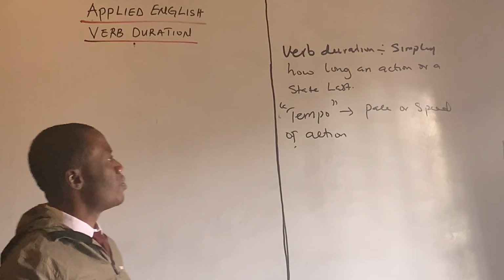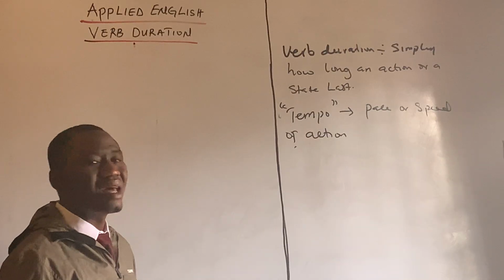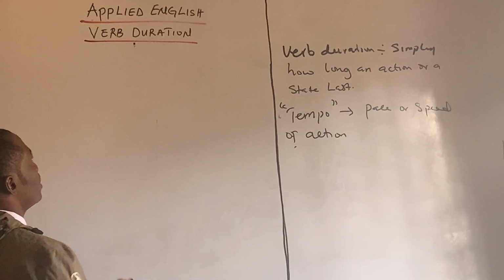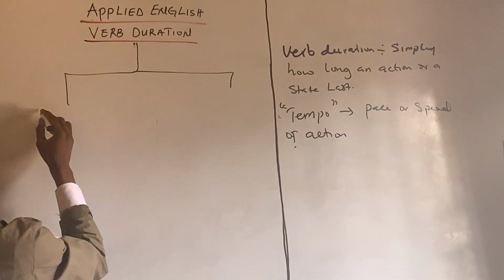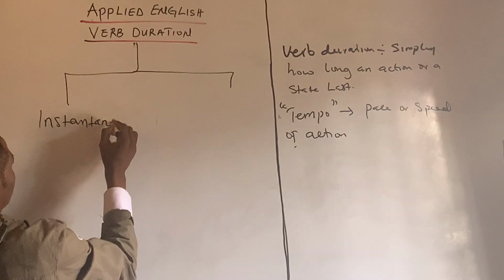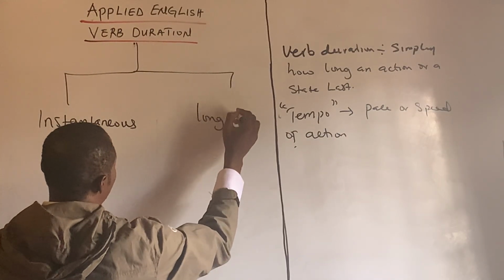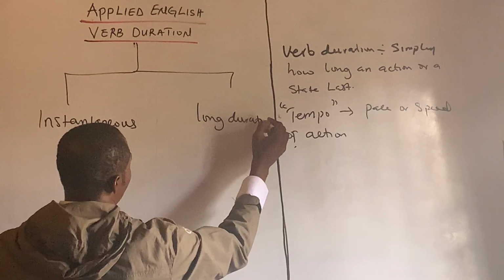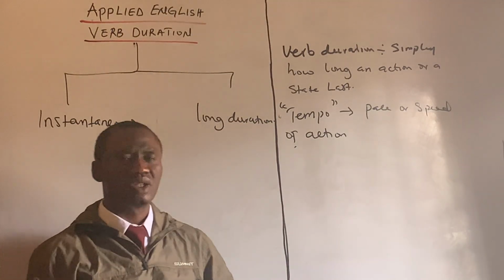Now, based on the pace, or generally based on the tempo of action, we classify verb duration into two different categories, which is instantaneous verb and long duration verb.